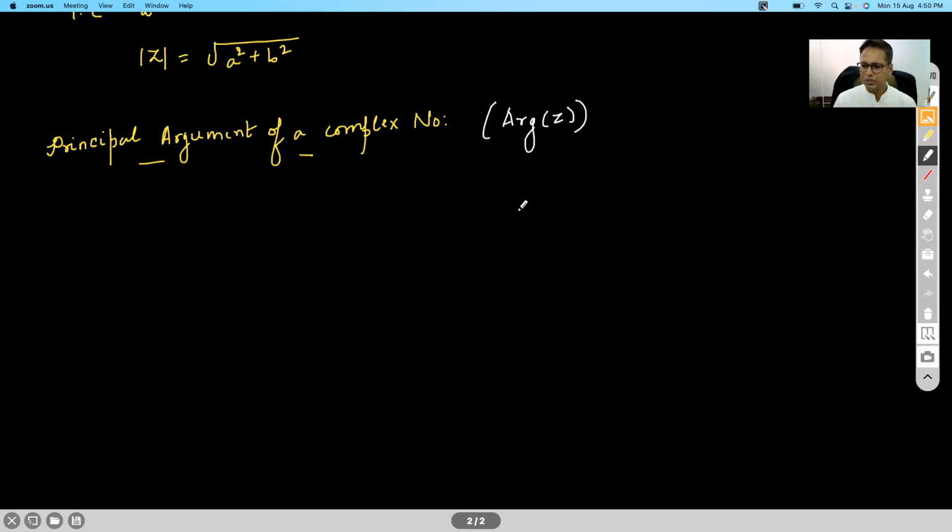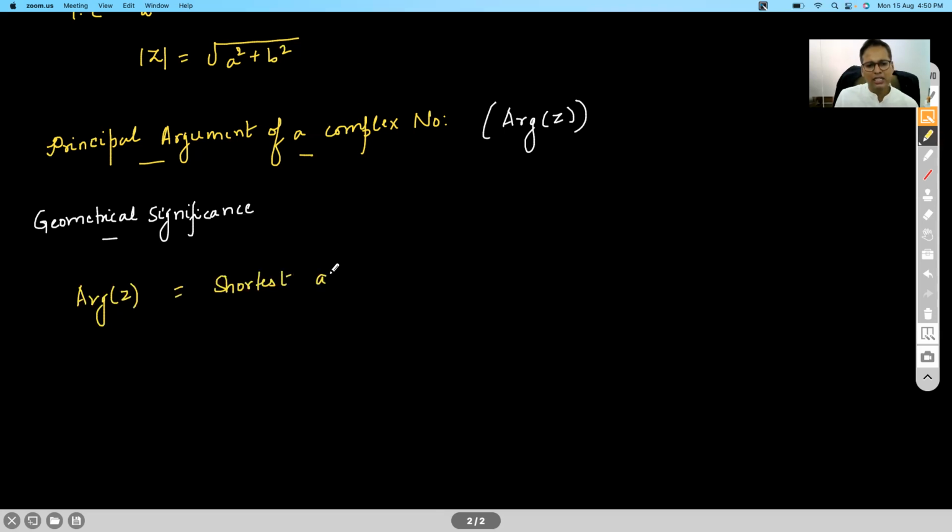So let me define this for you. We'll first define it geometrically, and then I'll give you a mnemonic or a formula for finding the principal argument of a complex number. So geometrically speaking, principal argument represents the shortest angle. In fact, I would like to make a small correction to it.